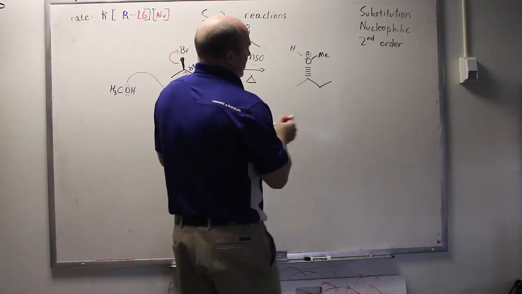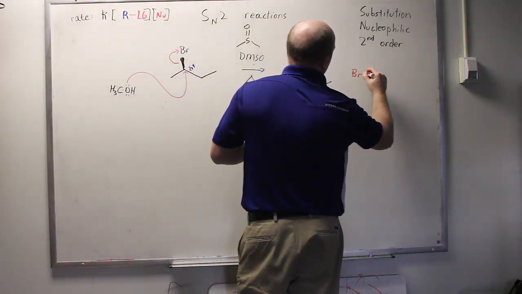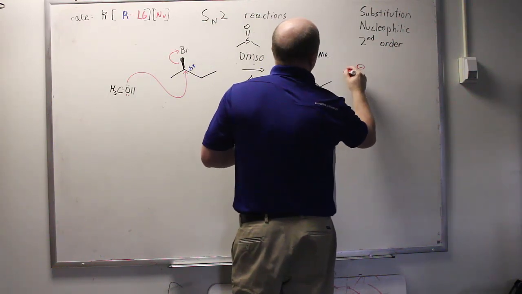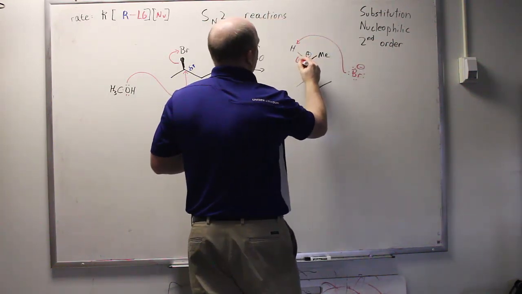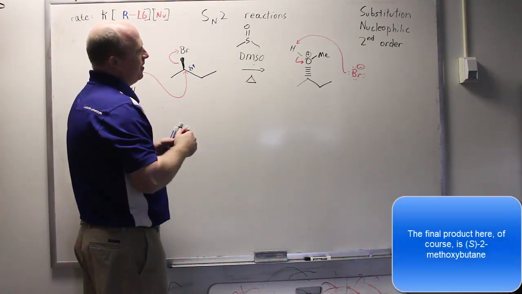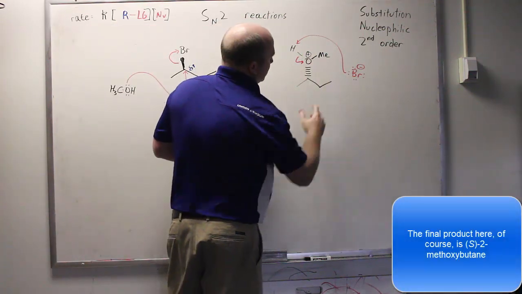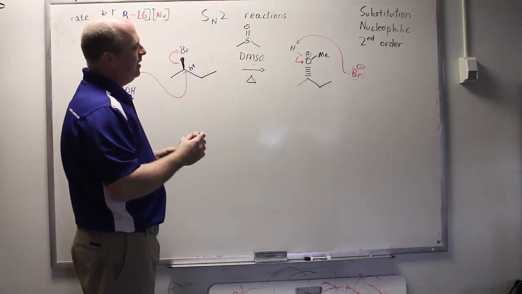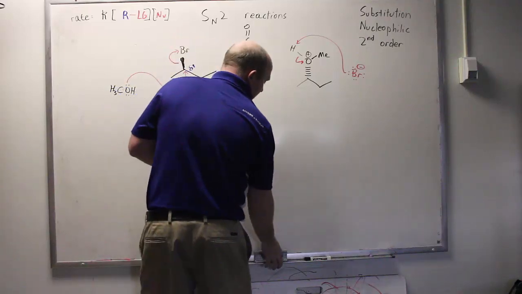What do I have floating around in solution at this point? Well, I have Br-, and it's eminently possible that the Br- will come along and remove, say, that hydrogen, leaving then the final product. However, HBr is one of the very strongest acids known to man, so it's highly unlikely that that is the thing that's going to do it.